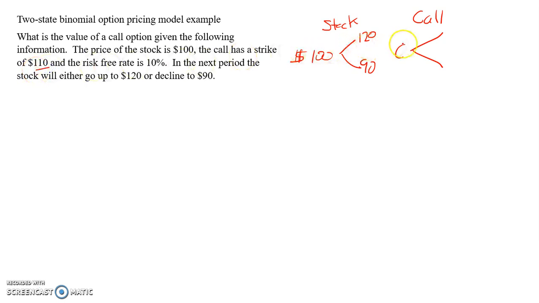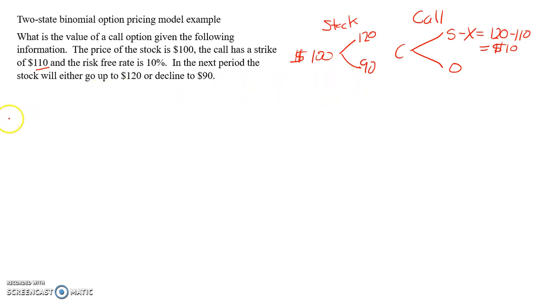The call only has value in the upstate, so the value is the stock price minus the strike, which is 120 minus 110, so that's $10. So it's worth $10 in the upstate and 0 in the downstate.